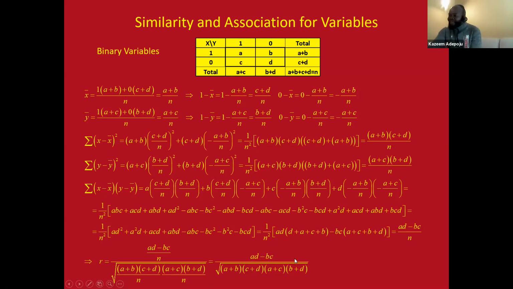You can see that the mean of X, the mean of Y, the sum of squares of X, the sum of squares associated with Y, the sum of square products, and the correlation, everything is expressed in terms of A, B, C, D. It means the moment you know your A, B, C, and D, you'll be able to find anything here.